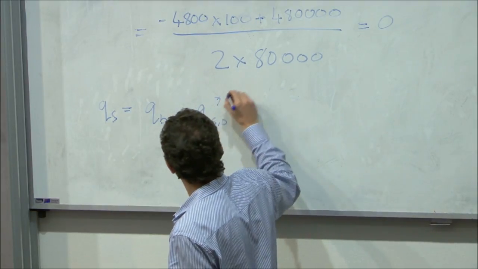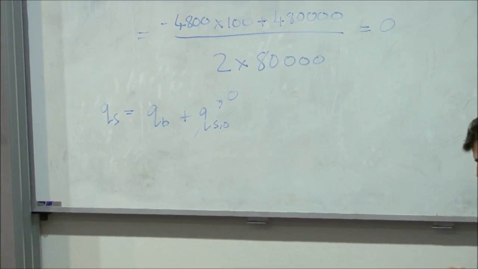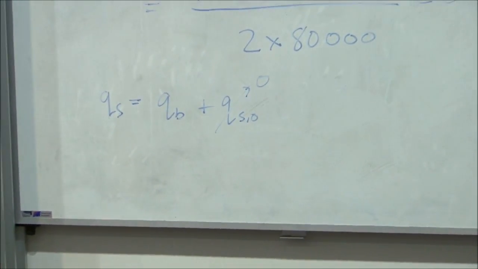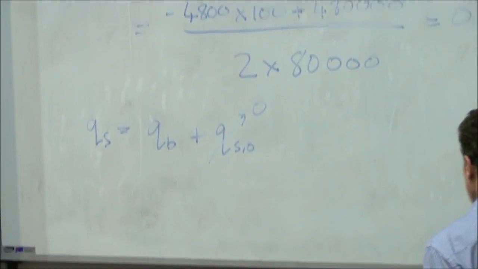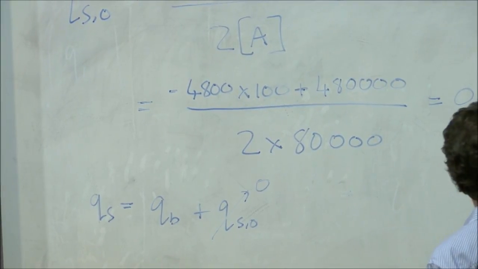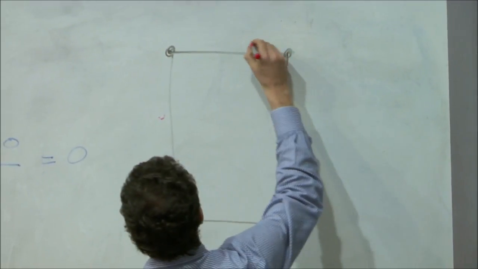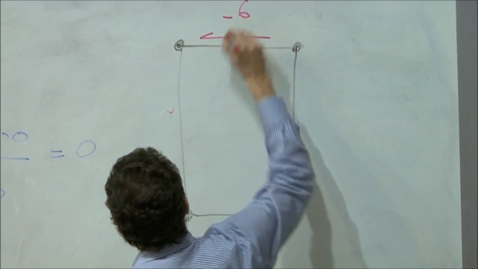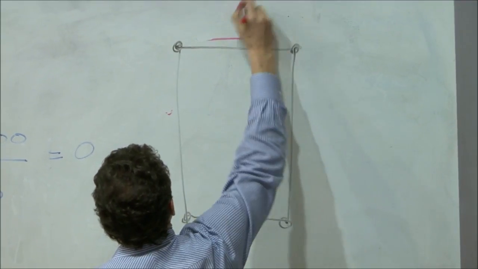So in this case, that's 0, so that's nice and easy. So our box section is here. Actually, I'll just draw them in the direction that they're actually acting.